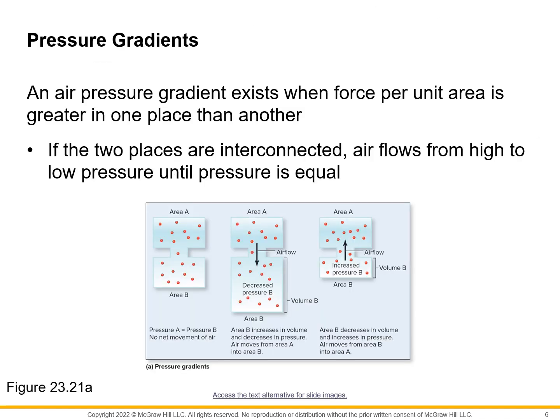Now let's talk about pressure gradients. So imagine there are two connected areas of a container, right? This is area A and this is area B. Now imagine that there are equal gas molecules. So these red dots are representations of gas molecules.